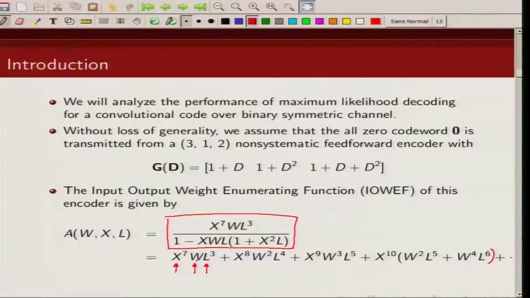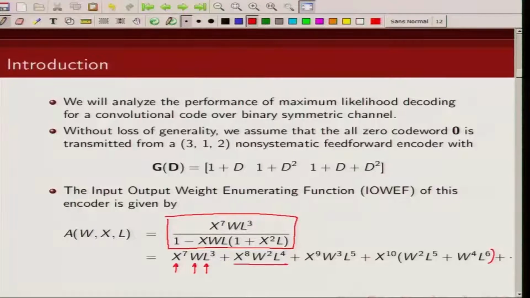So, X^7 W L^3 means there exists a code word of distance 7, which has information weight 1, and the time it diverges from the all 0 state to the time it merges back to the all 0 state is 3, and there is one such code word.